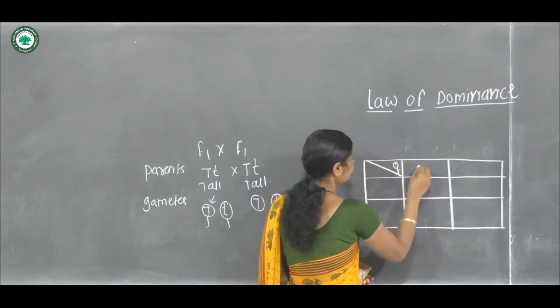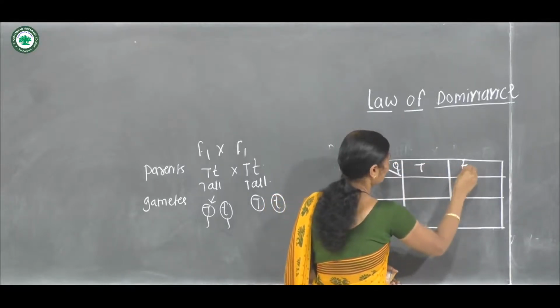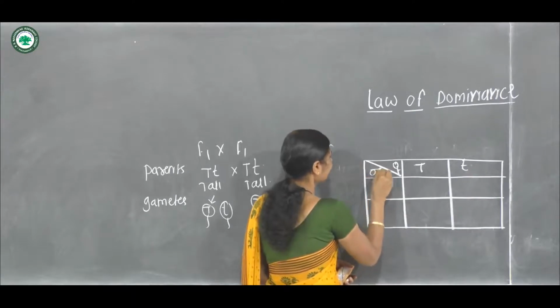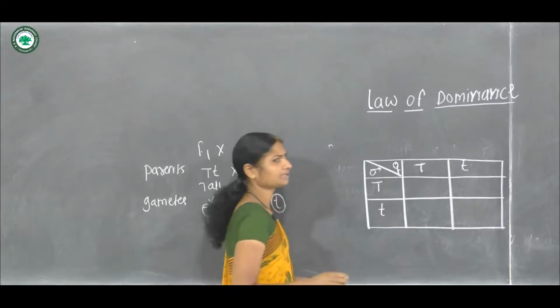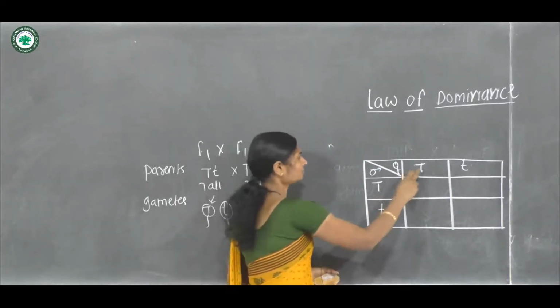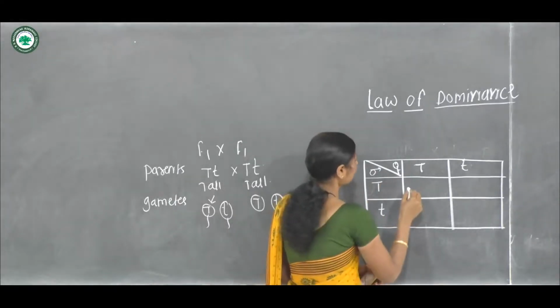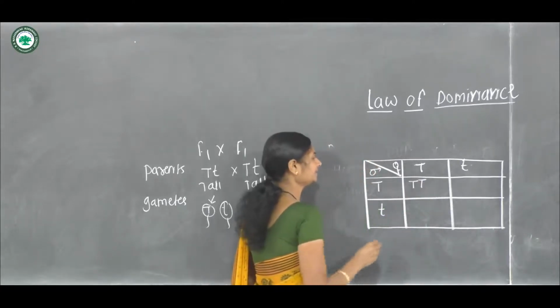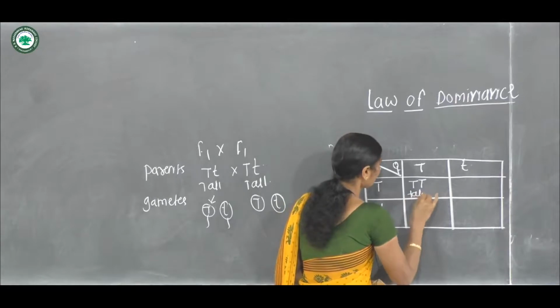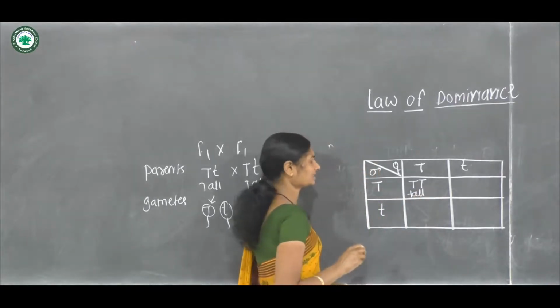Here the male gametes are capital T and small t, and the female gametes are capital T and small t. When the two capital T gametes fuse, the genotype developed is capital T capital T. Plants are tall and in the homozygous condition.